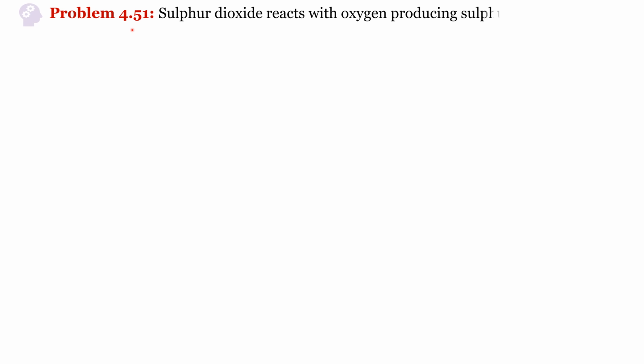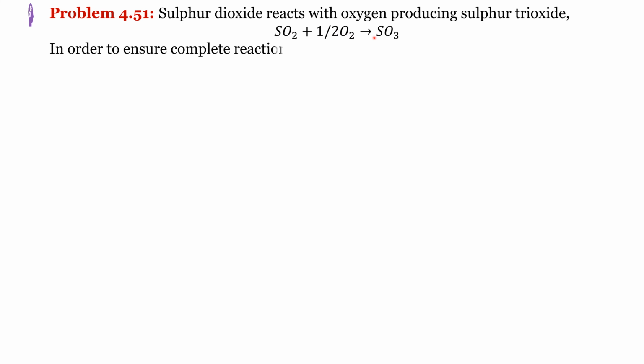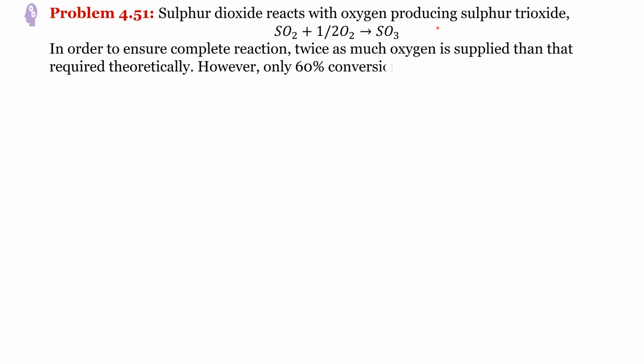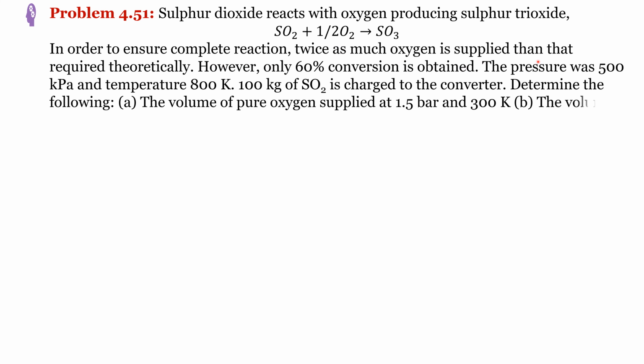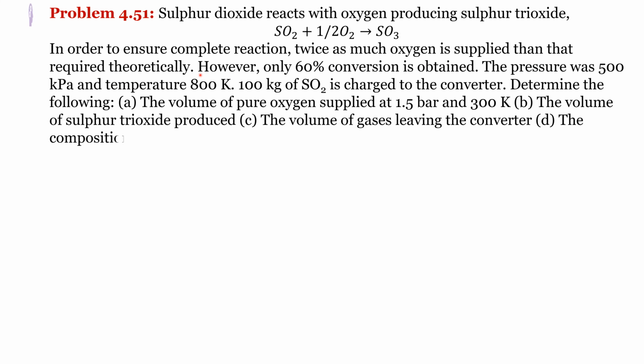Problem number 4.51. Sulfur dioxide reacts with oxygen producing sulfur trioxide. In order to ensure complete reaction, twice as much oxygen is supplied than that theoretically required.